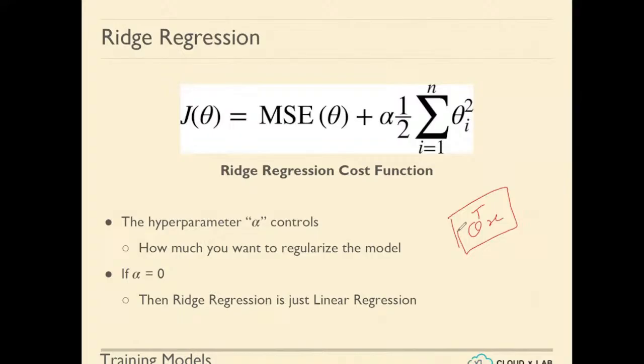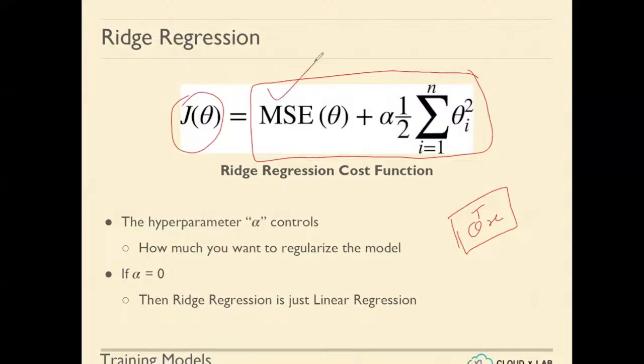We will only use J theta for the training part. For training, we will use the regularized loss function: MSE loss function plus alpha times regularization term. And at test time, we will only use the theta value.